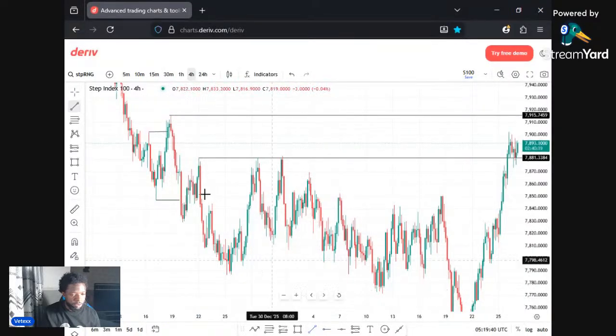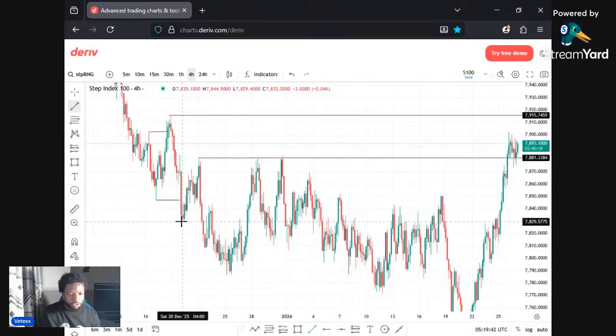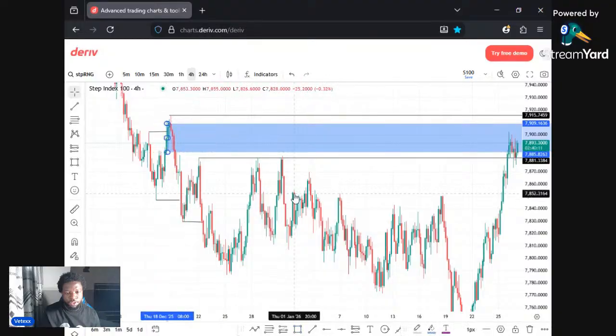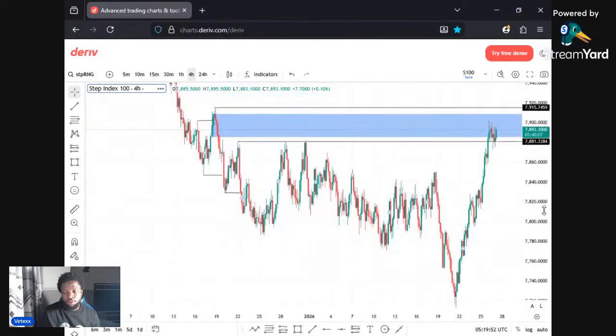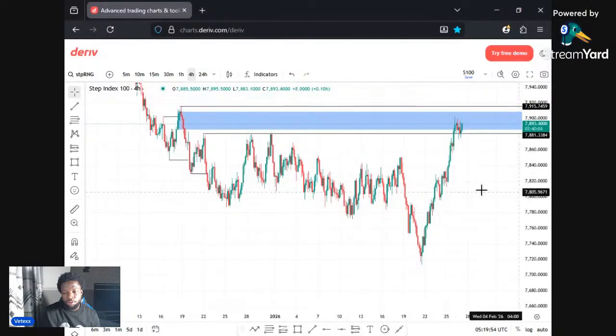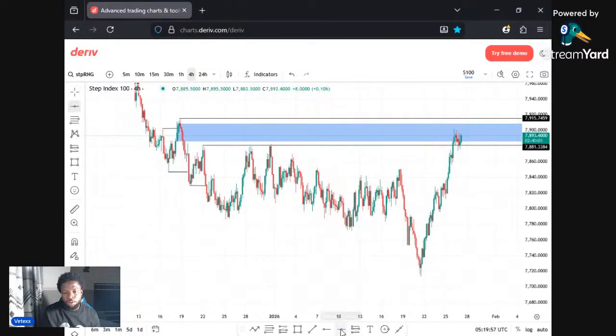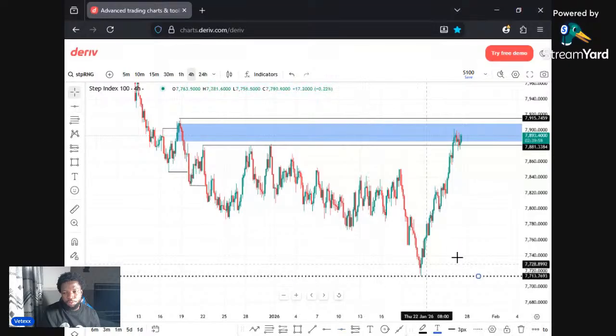This is our second break of structure, which is this. Now this zone becomes our point of interest. This is the starting point, and this is the finish point.